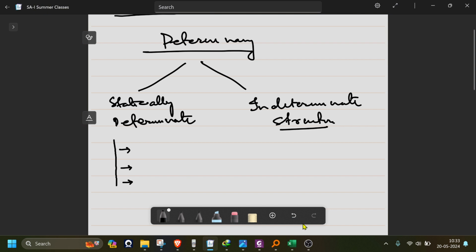They are three in numbers. And what are those? That is summation of fx equals to 0 and summation of fy equals to 0 and summation of m equals to 0, right?